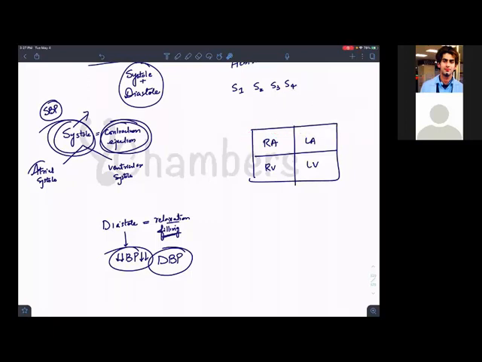That means the valves, the atrioventricular valves, should open and fill these regions with blood. That means systolic atria are filling the diastolic ventricles.